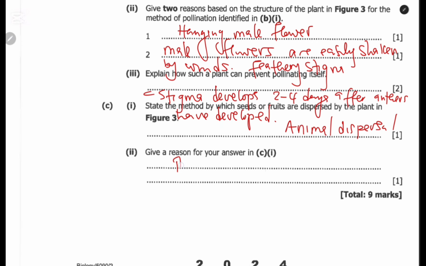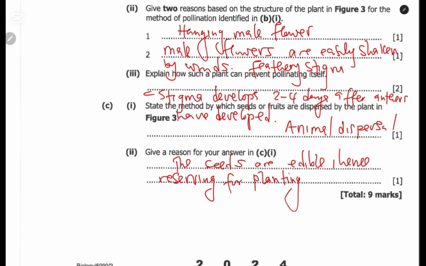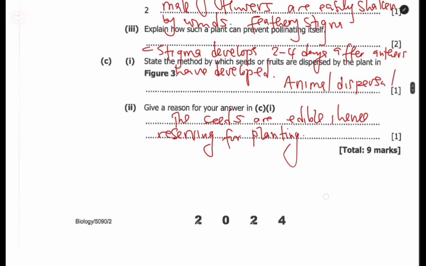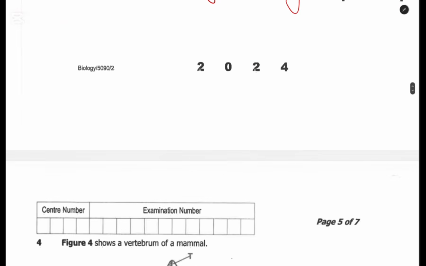The seeds are edible, hence reserving for planting. So they are edible, but humans do reserve some for planting. So that is how we can answer this question, and I hope we are together up to this point.